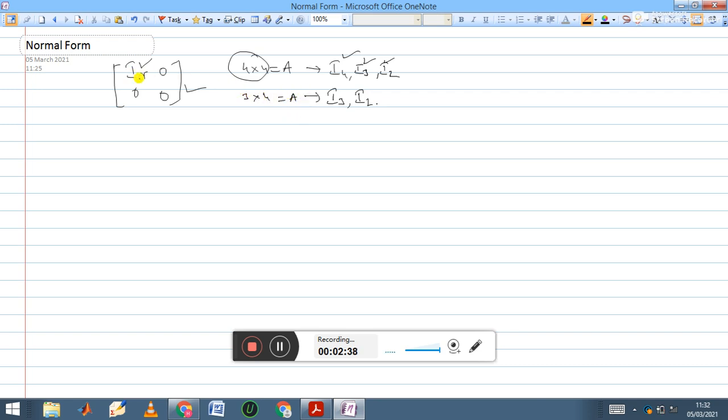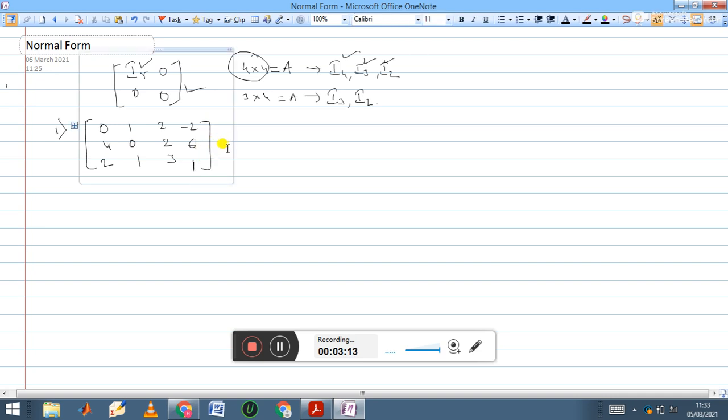Let us understand well with the help of an example. Let us take one example. The matrix is [0 1 2 -2; 4 0 2 6; 2 1 3 1].